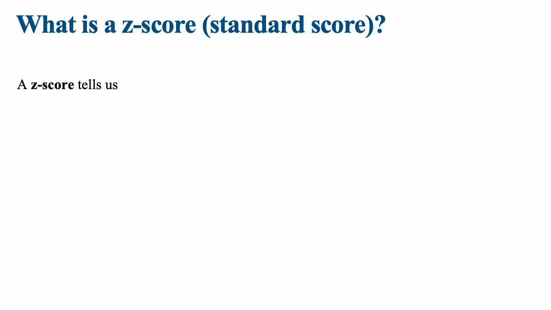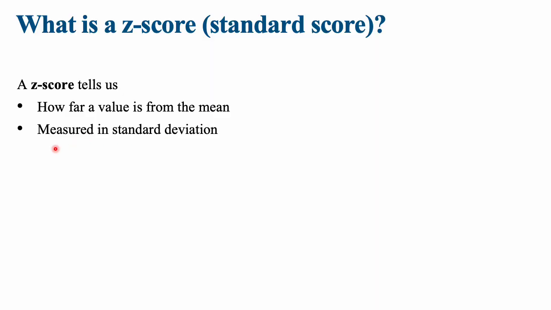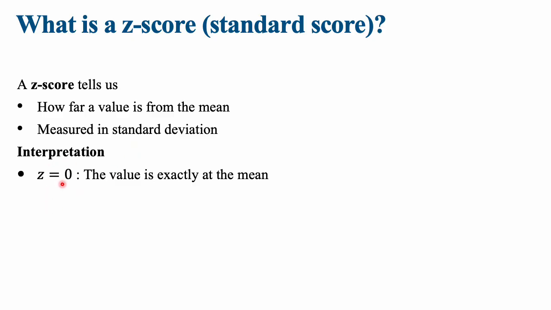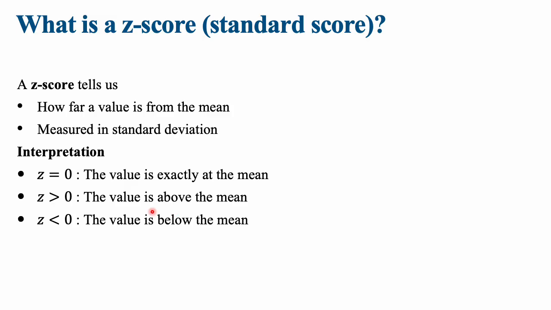What is a Z-score? Z-score tells us how far a value is from the mean, measured in standard deviations. How do we interpret it? If the Z value is 0, the value is exactly at the mean. If Z is positive, the value is above the mean. If Z is negative, the value is below the mean.